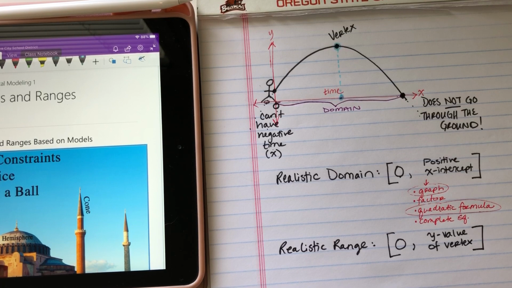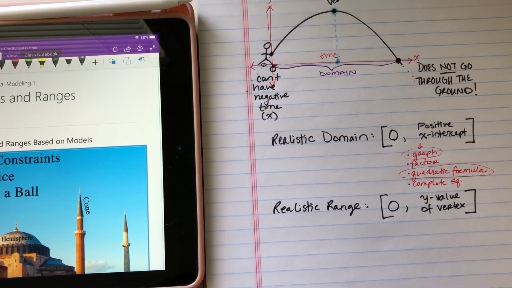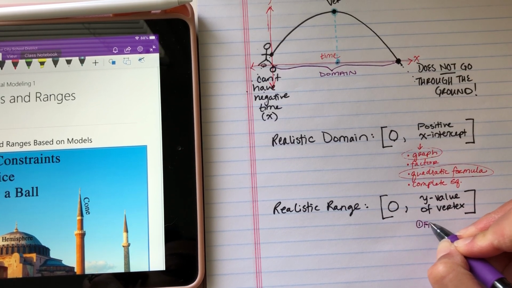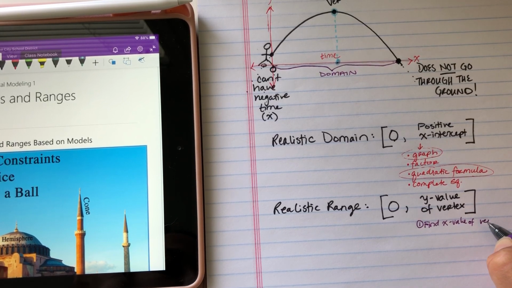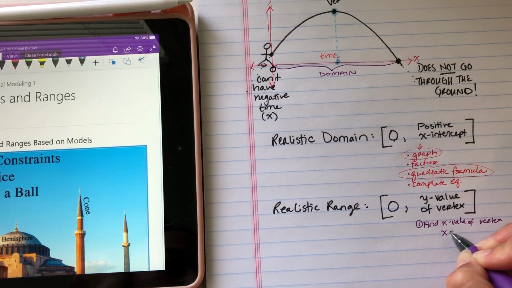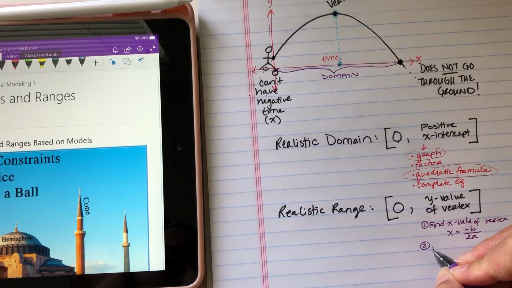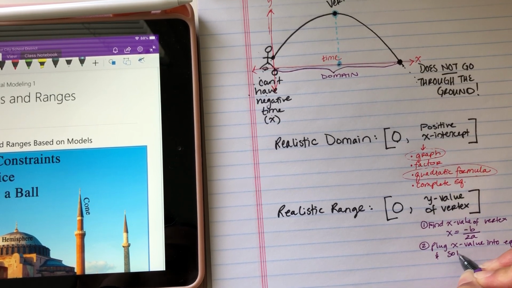Now, how do you find the y value of the vertex? Great news. We've done a ton of this before. So step 1, find the x value of the vertex by using negative b over 2a. Step 2, plug the x value into the equation and solve.